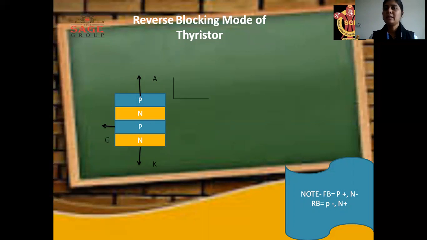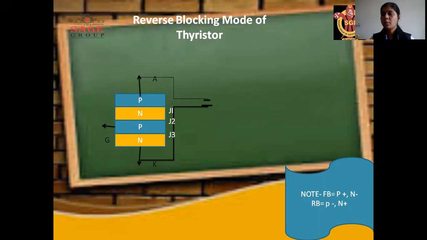Now, this is the reverse blocking mode. It means the anode is connected with the battery's negative terminal and the cathode is connected with the battery's positive terminal, so it is called reverse. It is a blocking mode because of the reverse biasing of junctions J1, J2 and J3.